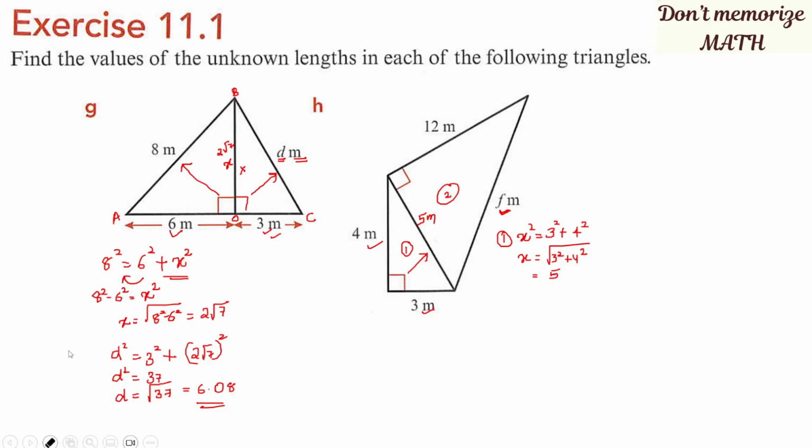Now you can consider the second triangle. In the second triangle, we have opposite of 90 degree is F, that is unknown. So F square, that is hypotenuse square, is equal to base square, base is 5, so 5 square plus height is 12, so you can take 12 square. Otherwise C square equal to A square plus B square.